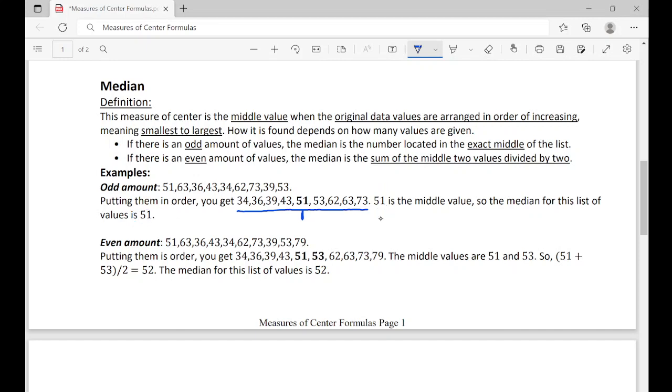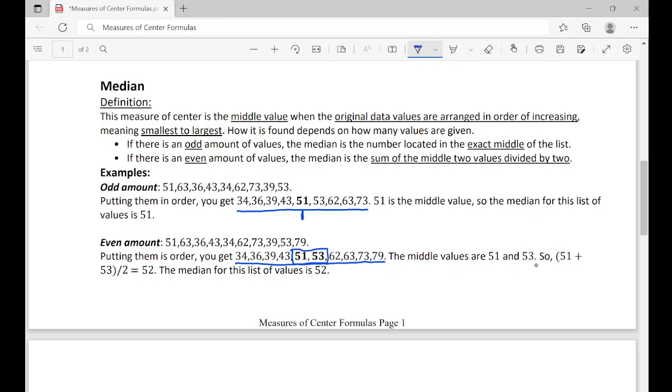Now, what if it's an even amount? So 51, 63, actually it's all the exact same numbers, but I just put 79 at the end. So what you do is you got to put them in order, which is here. Now, since it's even, we need the middle 2 values, and the middle 2 values are right here, 51 and 53.